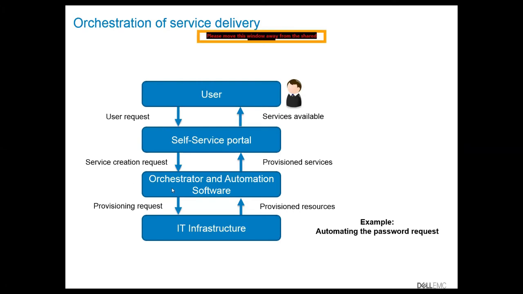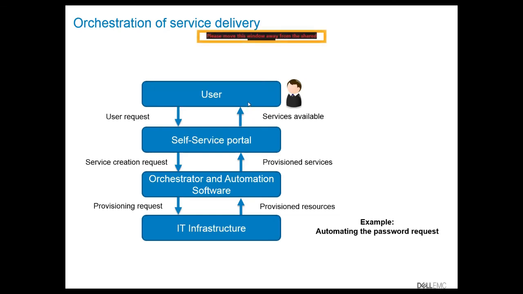And from there, the orchestration will try to coordinate the activities with the IT infrastructure below it. This IT infrastructure is either physical, virtual, or software defined. And then the request is fulfilled and it goes back through the orchestration, then the self-service portal, and back to the user.